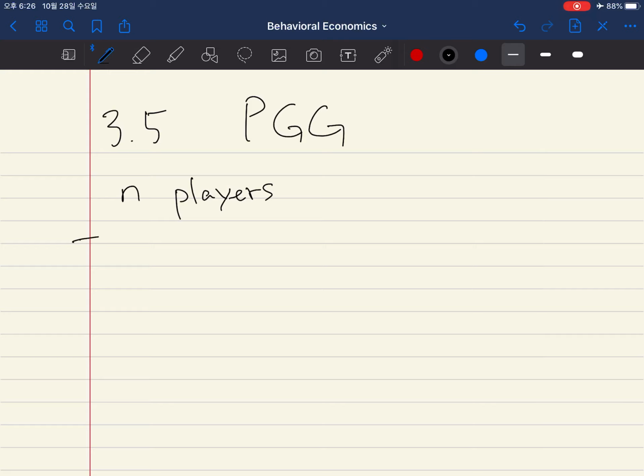And let's use FS model to think about public good game. So this means utility function of ith player is, so there are n players, so first player, second player, and so on.